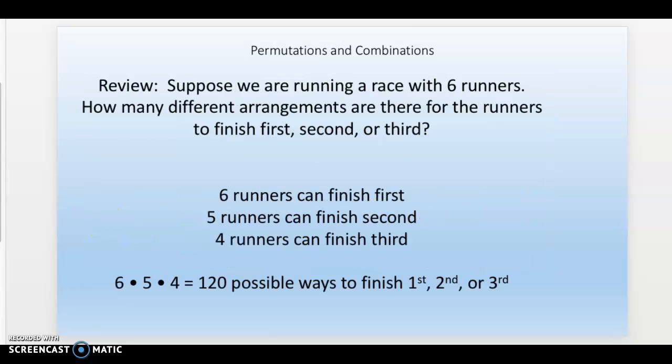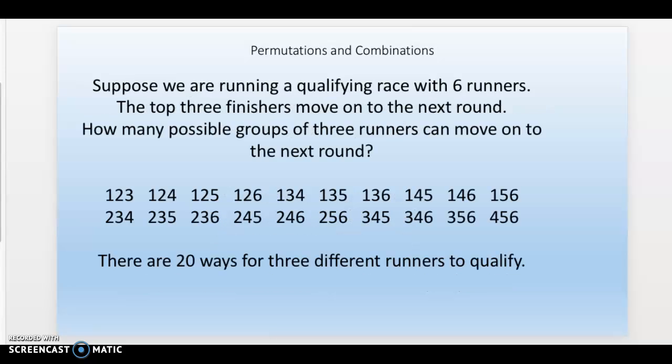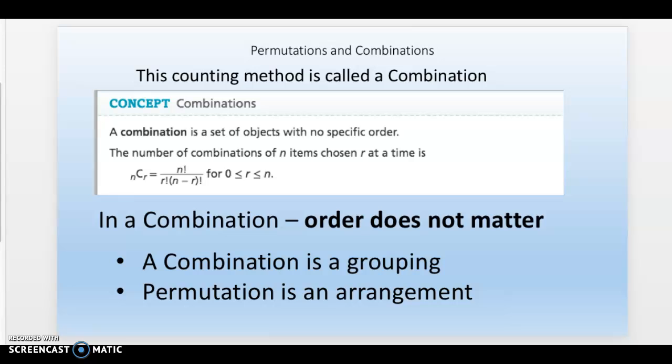This is a permutation, 120. This is a combination, only 20. The difference is a division of 6, and that came from the r factorial that we added onto the bottom.